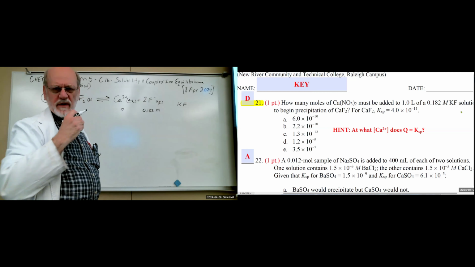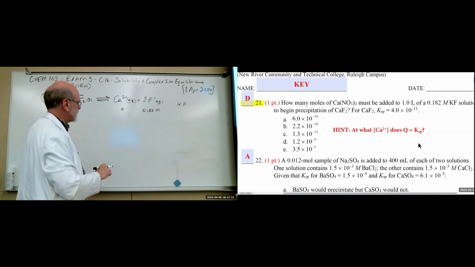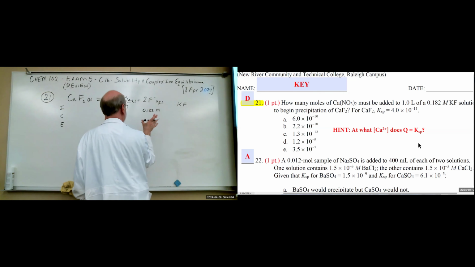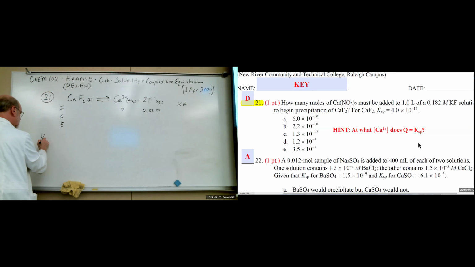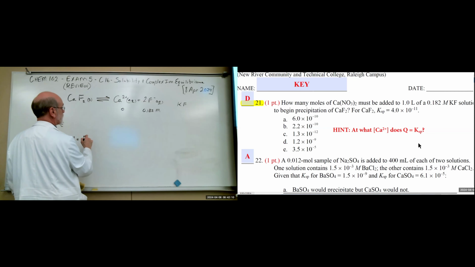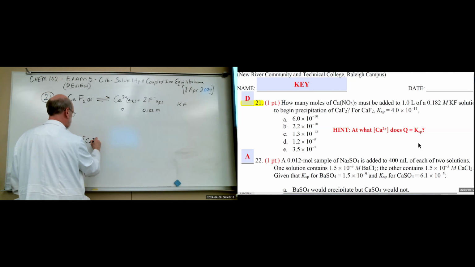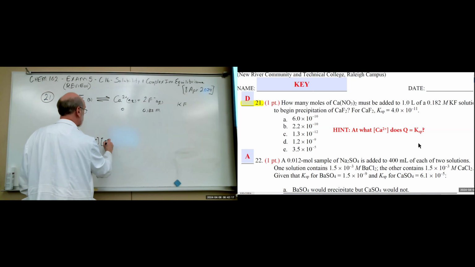You know what? I may be making this harder than it needs to be. If we've got 0.182 molar fluoride, and we know what the KSP is, 4 times 10 to the minus 11, that's going to be equal to the concentration of calcium and fluoride squared.